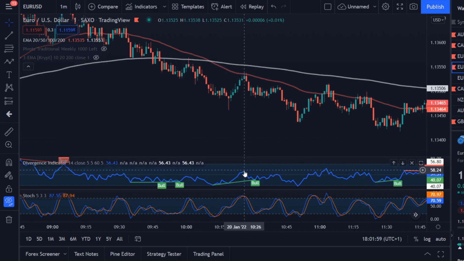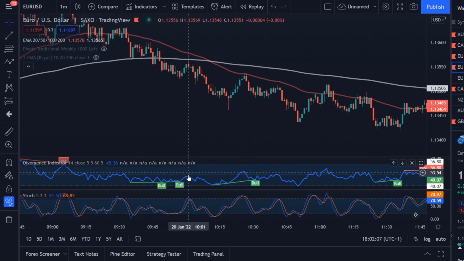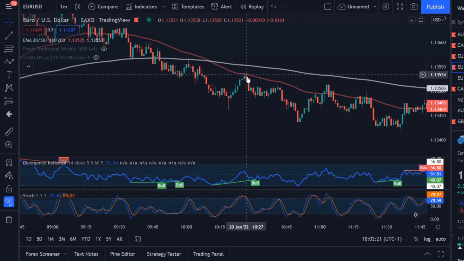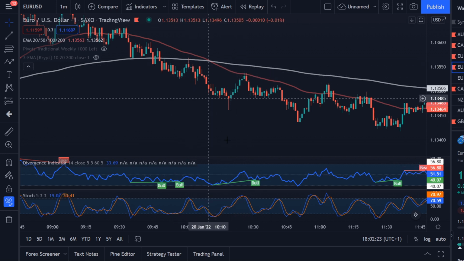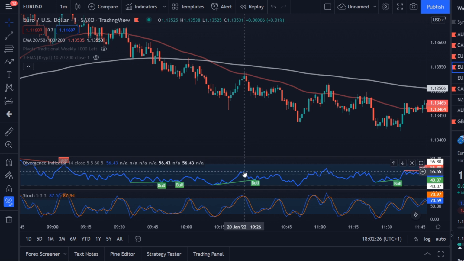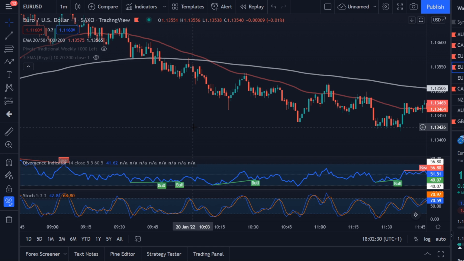But if we look at the indicator, we see that this high point is higher than this higher point, right? So again, this was a high, and over here we see that this is the level over here. Then we see another high which is lower than this high, but over here we see that this is higher than this. So it means that there is a divergence, and divergence is a really nice way to trade.